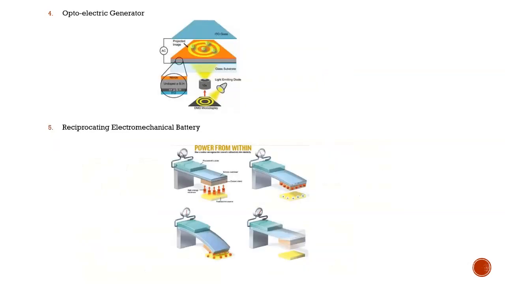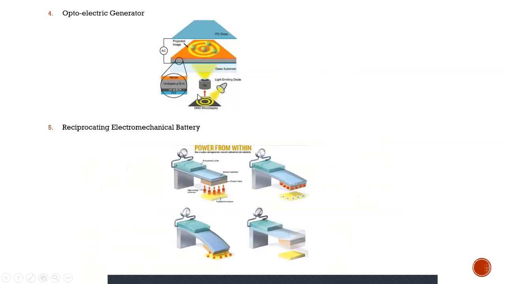Now we have optoelectric generators. They are interesting generators, because here a beta emitter stimulates an excimer mixture. We are using a light source, suppose an LED, directed towards the DMD micro display.